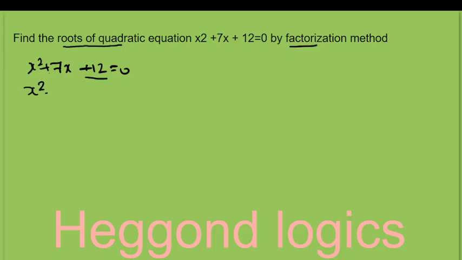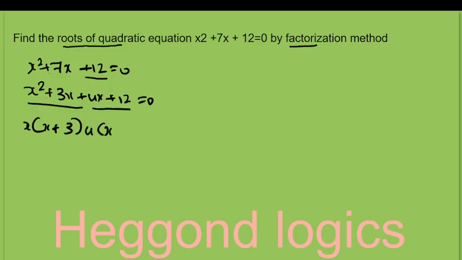x square as it is, plus 3x plus 4x plus 12 is equal to 0. From the first two terms x is common and the remaining is x plus 3. In the next two terms 4 will be common, and again x plus 3 remains, that is equal to 0. Again x plus 3 is common and the remaining is x plus 4.